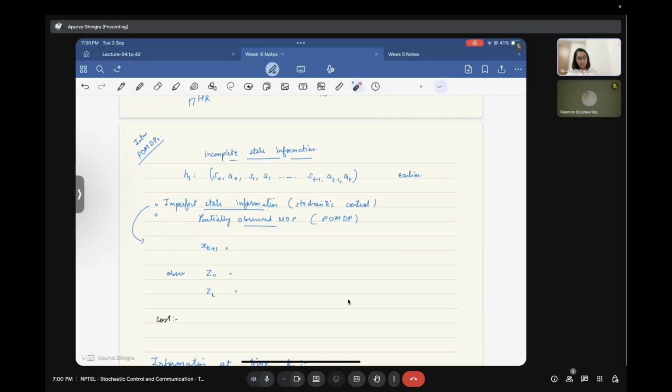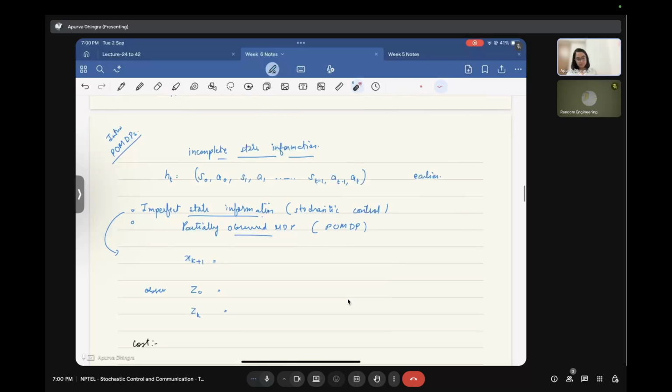Typically, in the kind of examples that we've seen, we would have a state and then some action taken, the next state, then some action, and so on. That's how we get the history. But in the kind of example we are talking about now, for example this patient example, the history is not so simple.